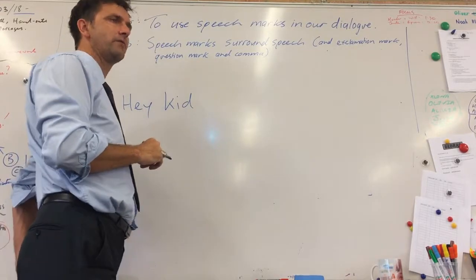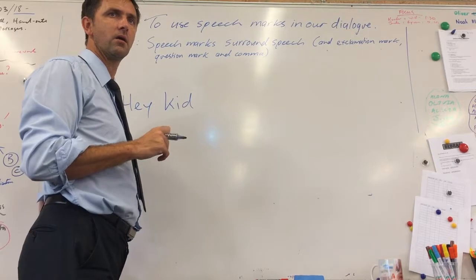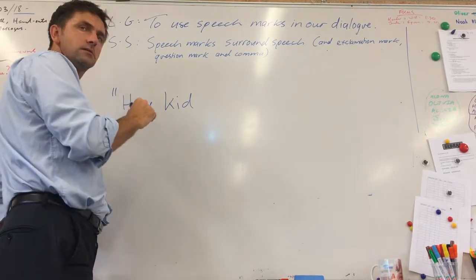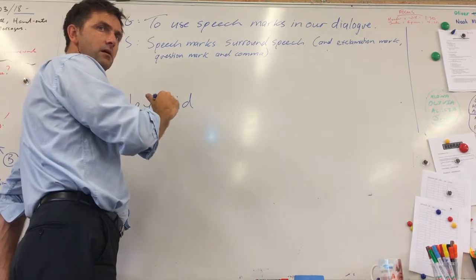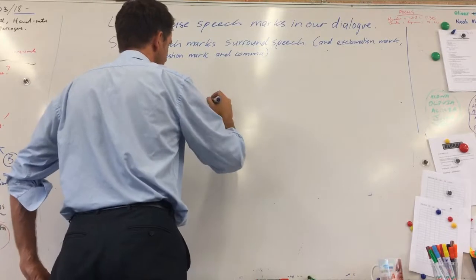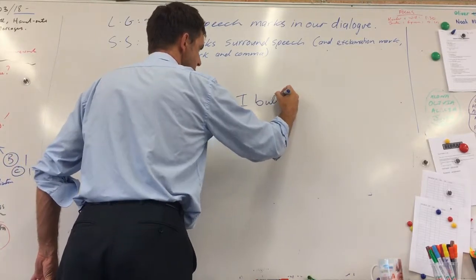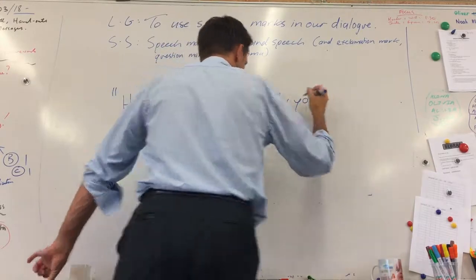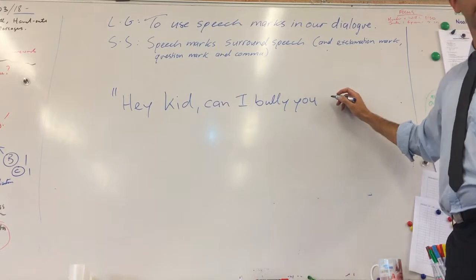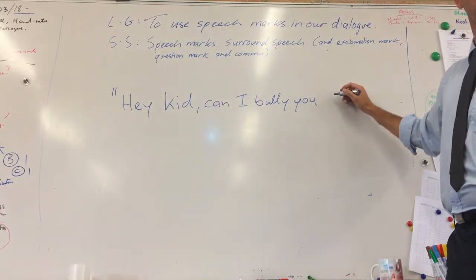So how have you punctuated this? I'm interested. Speech marks before the hey. Yes. Then you finish the sentence. Hey, kid, probably comma. Hey, kid, can I bully you? It's a question, so question mark.